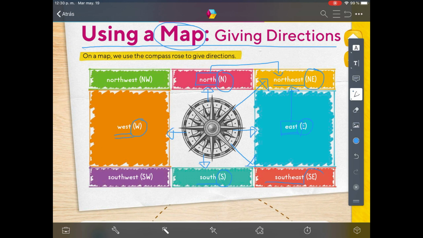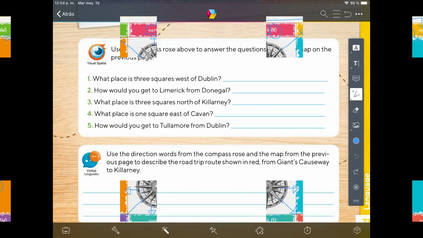Capitals SE stand for southeast. Down to the left we have southwest and the abbreviation is capital S and W. Finally, up left we have northwest and the abbreviation is capital N and capital W.